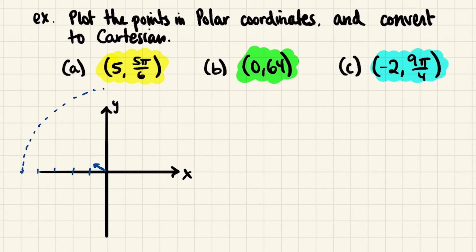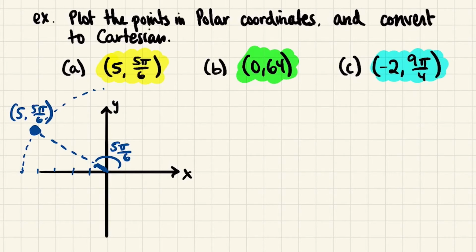So it's 5 units away from the origin in a direction of 5 pi over 6, which is about this point right here. So there's the 5 pi over 6.